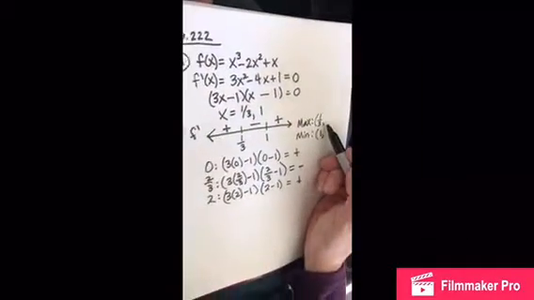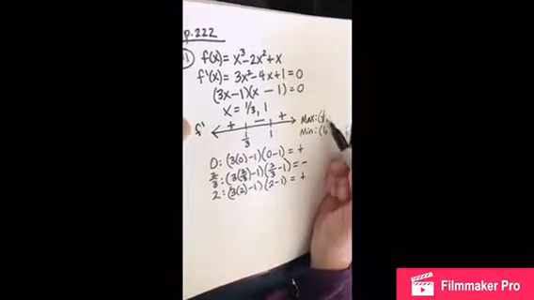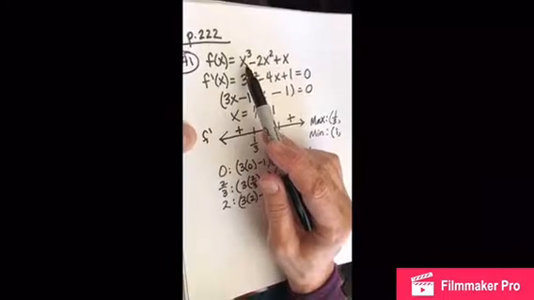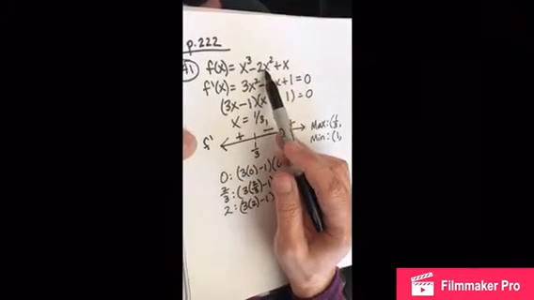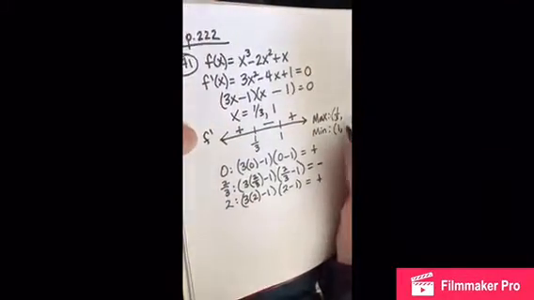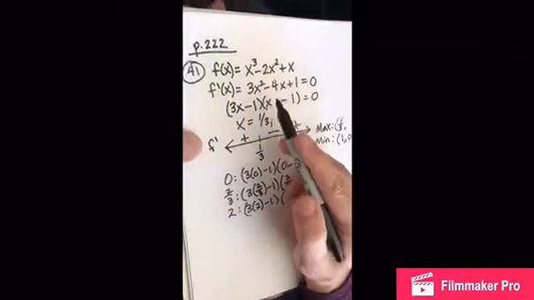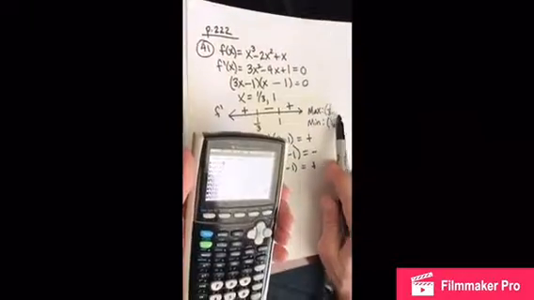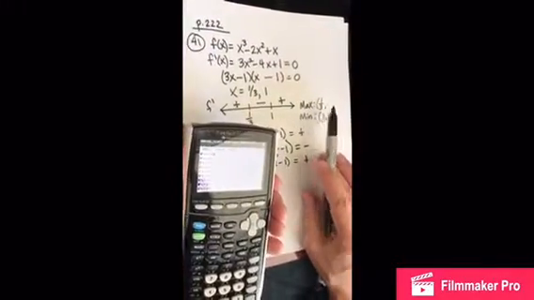Now if we wanted to find the actual y-coordinate for these, we would need to put these back into the original and get the y-coordinate. So 1 minus 2 would be -1, plus 1 would be 0. And then 1/3 is a little harder. So we need to figure out the y-coordinate that goes with an x-coordinate of 1/3.